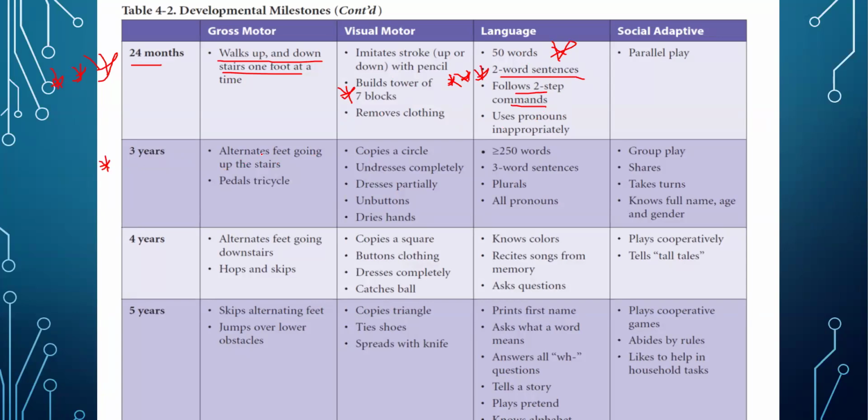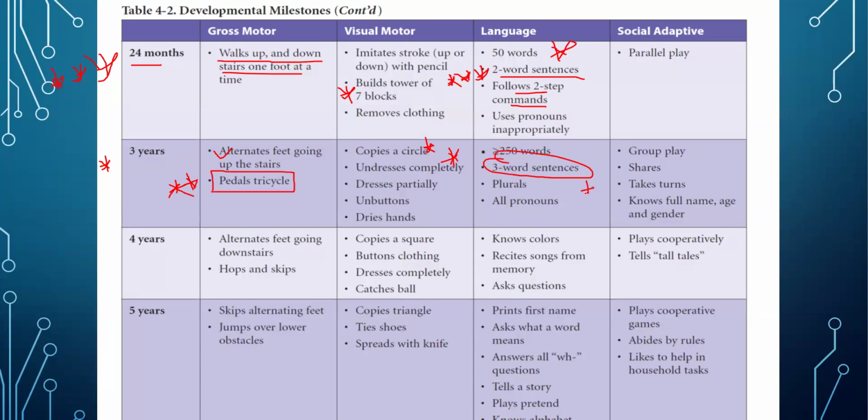3 year can go up and down stairs using alternate foot. So alternate feet going up the stairs, and they can start using a tricycle. That comes in exam. They can copy a circle, and they can undress completely.